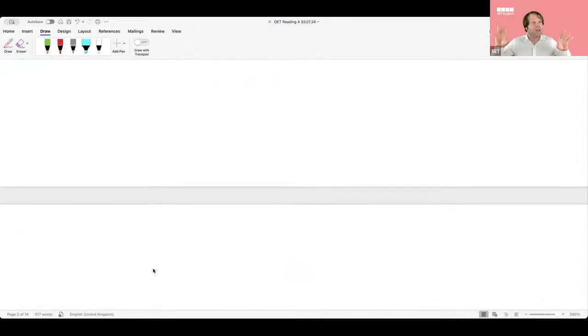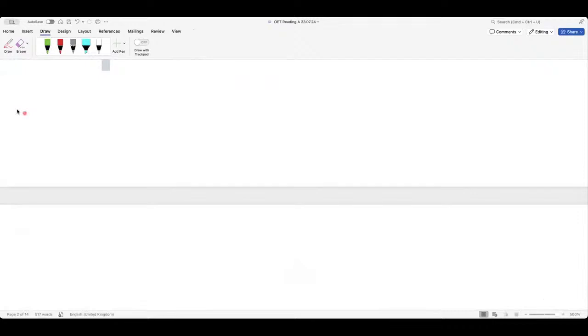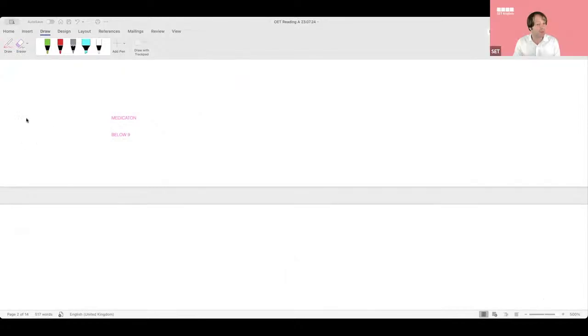Maybe you've got it right, but you don't need to remember the question. What do you need? All you need is 2 things. What do we need? Keywords and categories. All I need is medication and below 9. That is what's inside your head. Does that make sense, everyone? Yes. Now, I know we've got some very clever people here who can probably remember the question, but sometimes the question is very long, right?